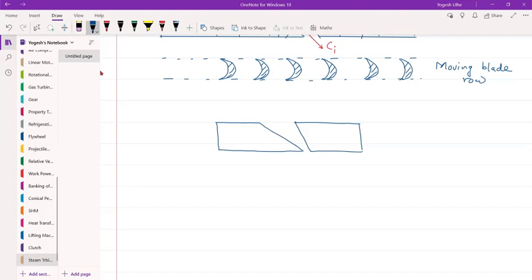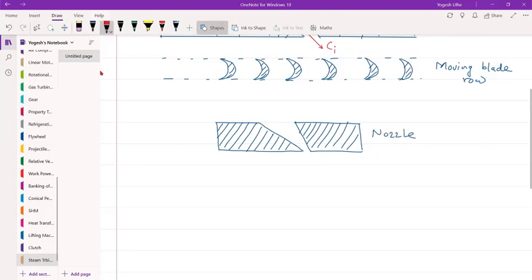Okay, don't do anything. Just try to understand my point. One minute, guys. Let me complete this drawing. See, this is our nozzle.